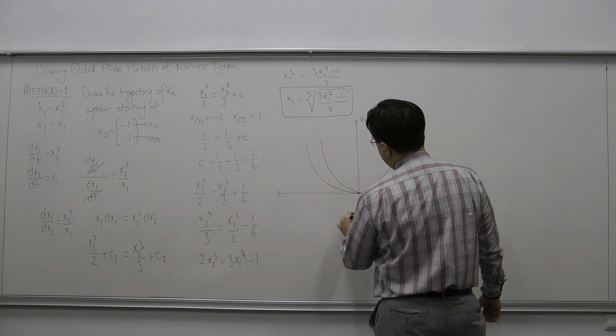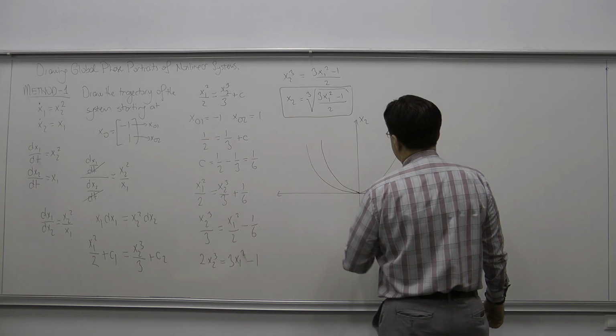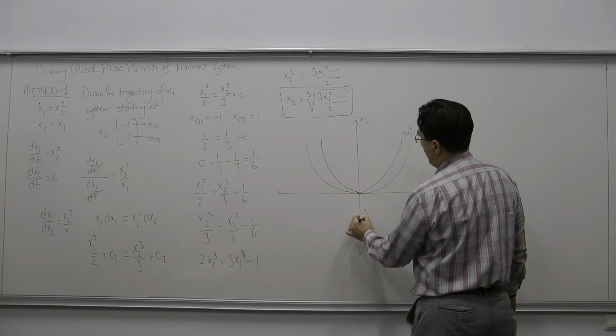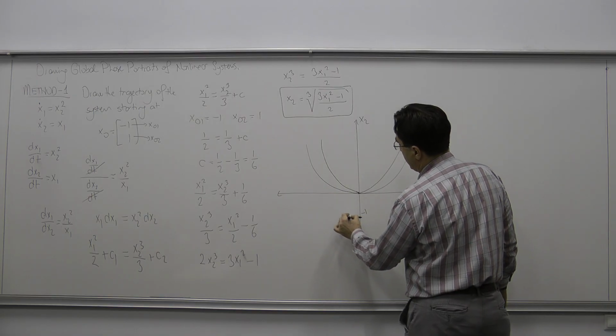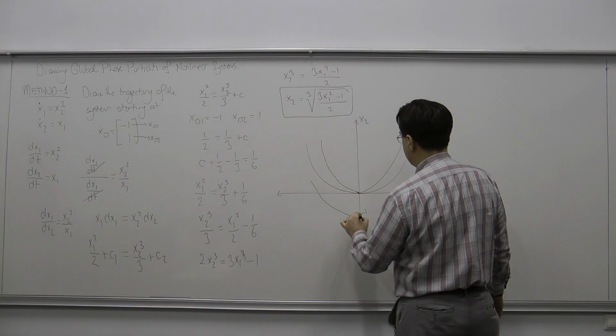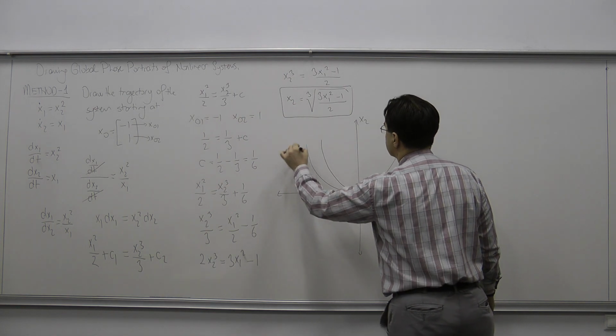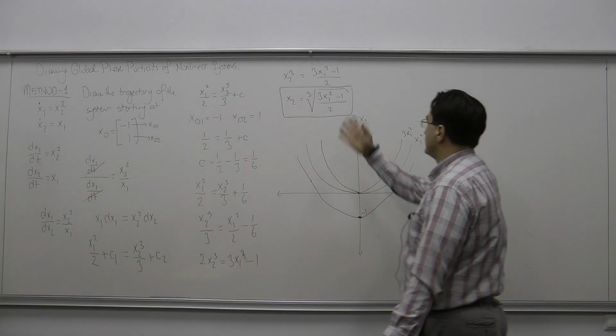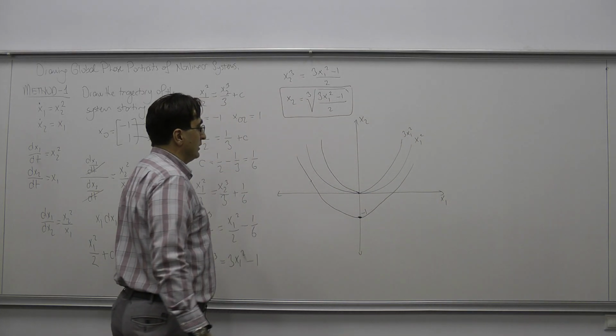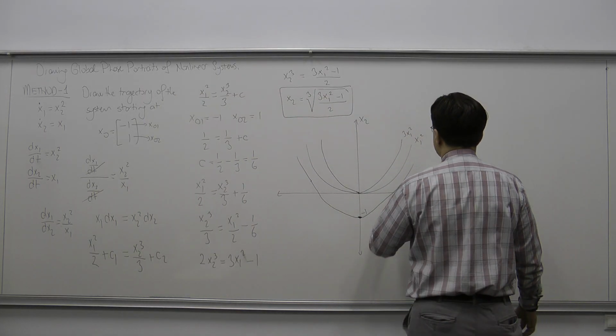So I will take this curve here, and I will pass it through minus 1, and I will make it parallel to 3x1 squared. So it's going to look like this. Okay? This is 3x1 squared minus 1. I can also write it.